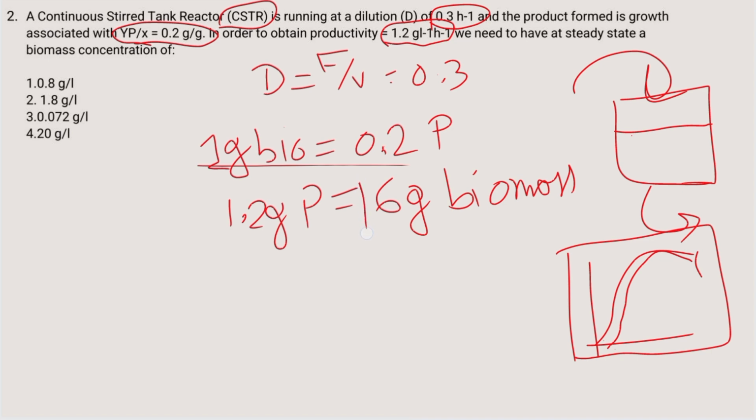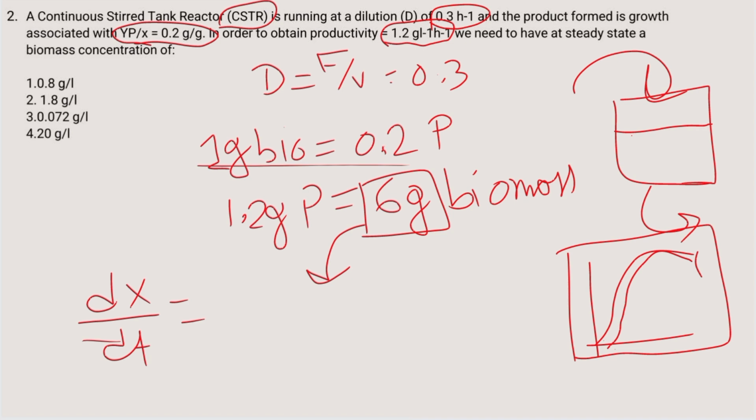And this 6 gram of the biomass will be utilized, and that will make the product. So your need of the biomass will be 6 gram per liter per hour. That is the rate of change of biomass concentration, which is equal to dx by dt.